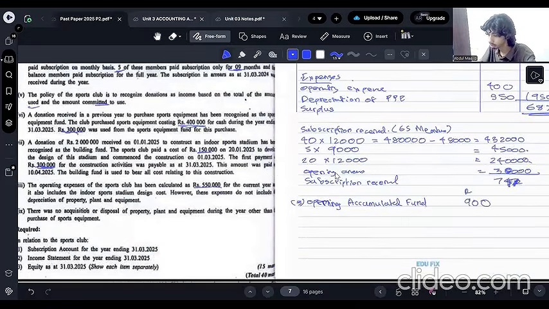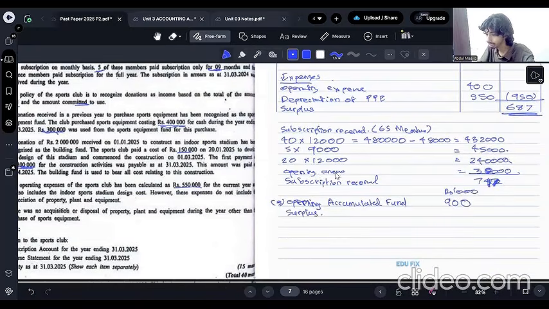Surplus is 687. When you add that, you can get your closing accumulated fund. So 900 plus 687, that will be 1,587. Now for that, you have to add your other funds.